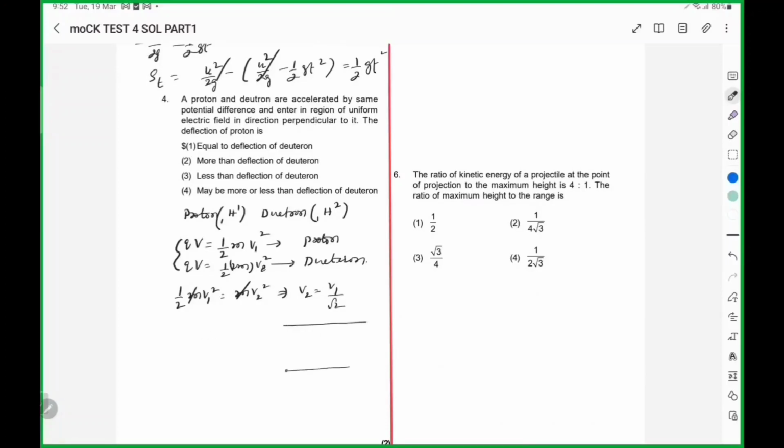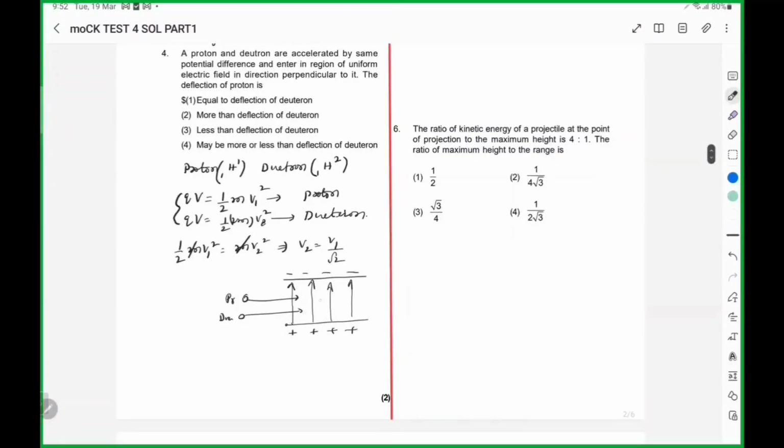Let us consider two plates. Here is a positive charge. So electric field will be like this. And proton as well as deuteron both are moving perpendicular to the direction of electric field.